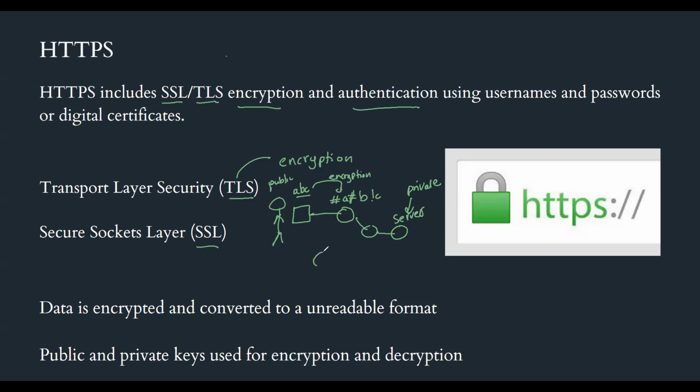So if an intermediate person is trying to hack and obtain this data, that person does not have the private key to decrypt it, and therefore cannot obtain the data. Even if they try to get the data, they cannot decode it into useful information. So TLS is using this encryption and decryption method to secure the data.